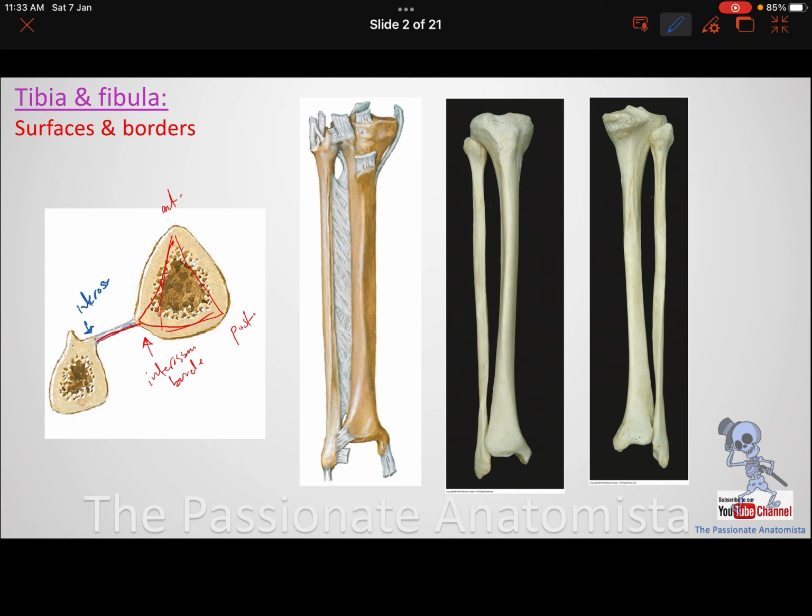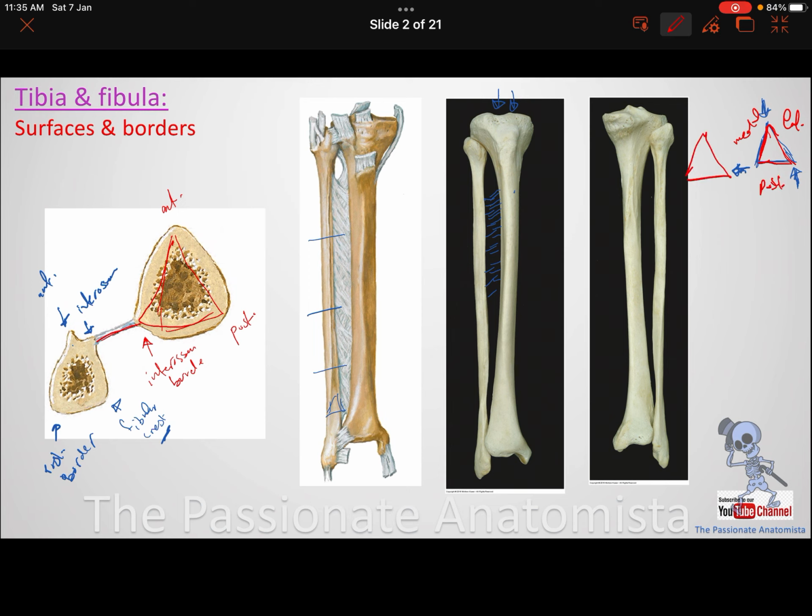Now I have the anterior border, the posterior border, and the interosseous border. If I have this, that's going to give me the surfaces. So if this is my right tibia, it's going to give me a medial surface, a lateral surface, and a posterior surface. What about the other bone? It's the same.